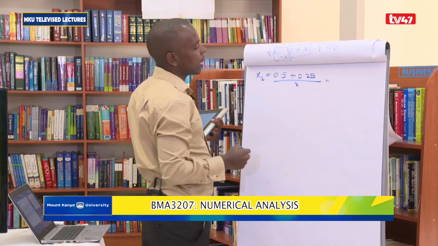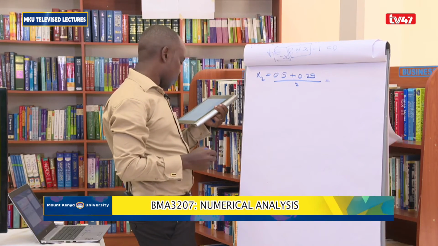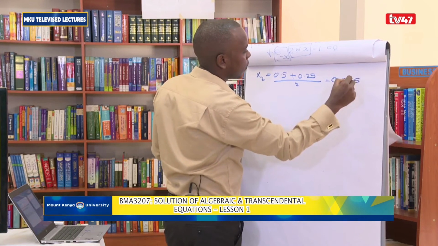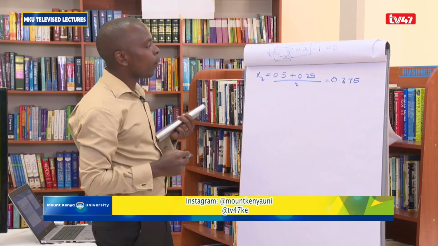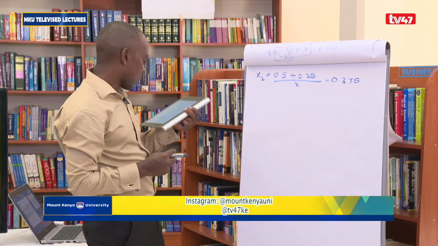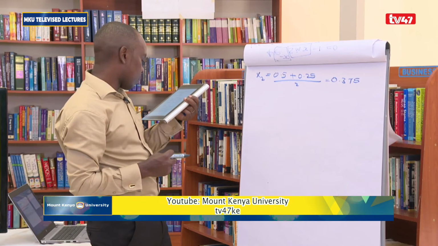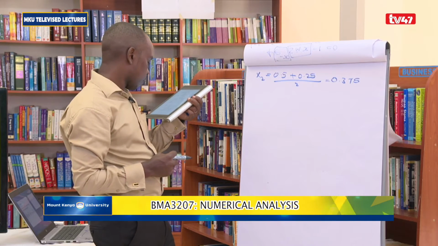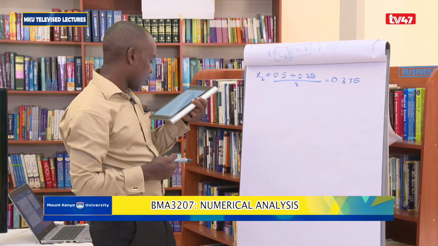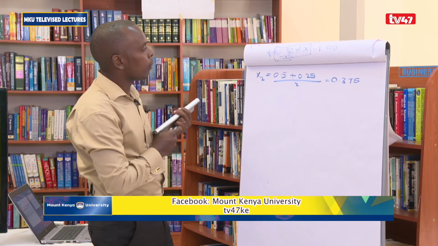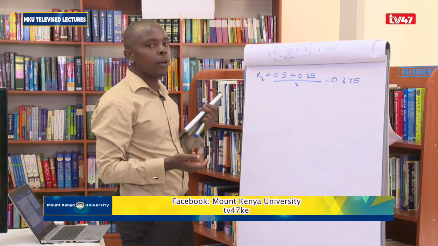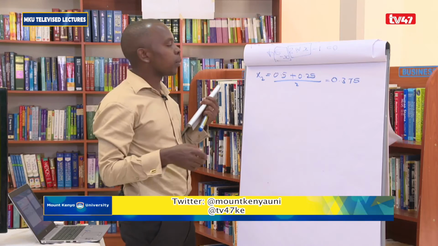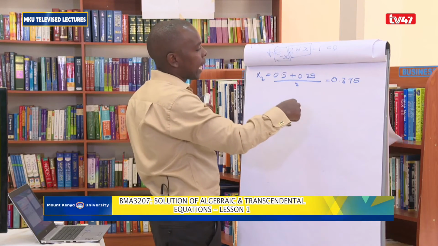So this is giving us what? 0.375. Therefore, what we intend to do is to check the resulting value of f of x2. And from that, if we get a positive value, then we should know that now the root lies between 0.25 and this.